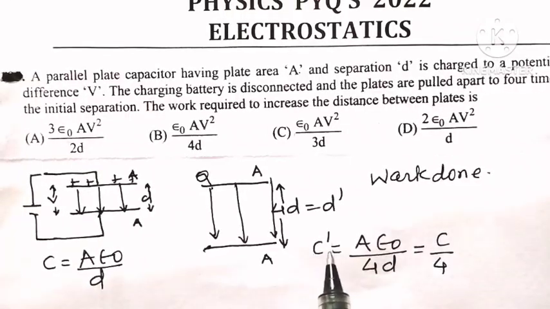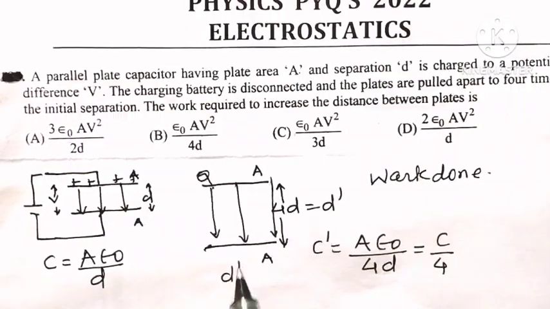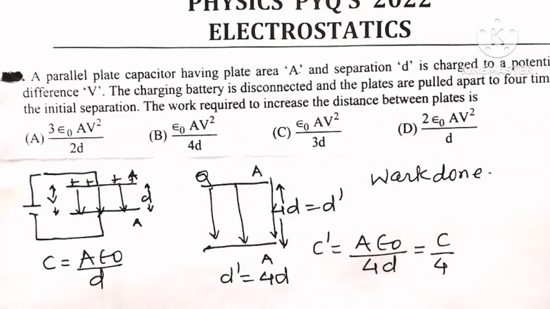So when d dash is equal to 4d, means when the separation between the two plates is made 4 times the original separation, the capacitance reduces from C to C by 4.